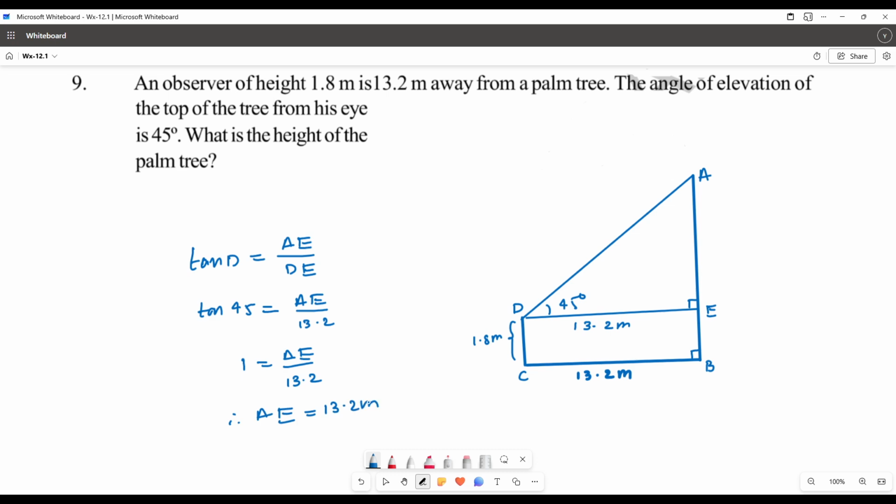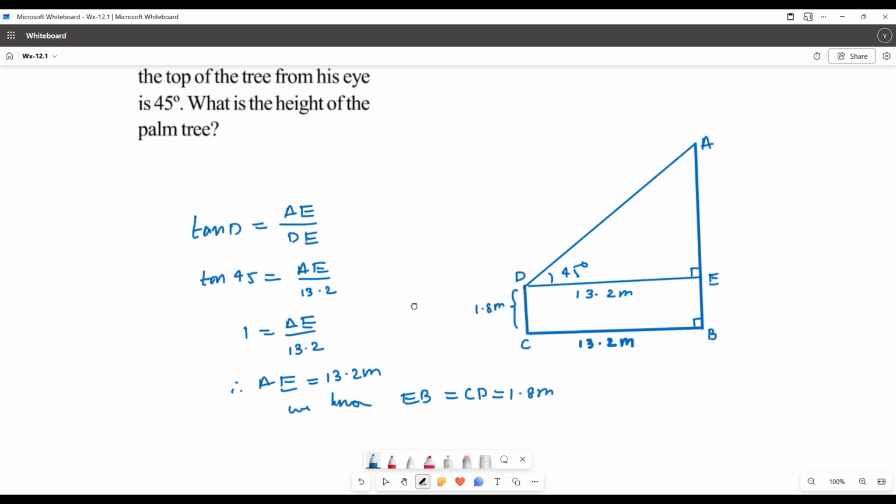Now we found the length of AE, and to find the length of the palm tree we need to add the length of EB. Now we know that the length of EB is equal to the length of CD, which is 1.8 meters.